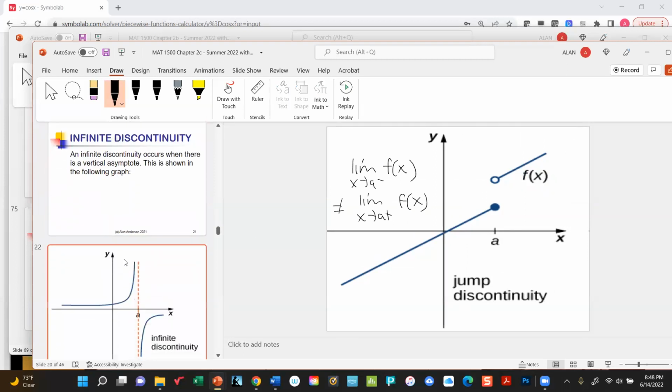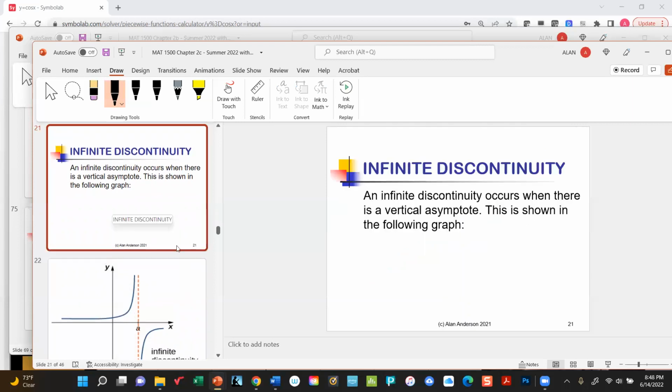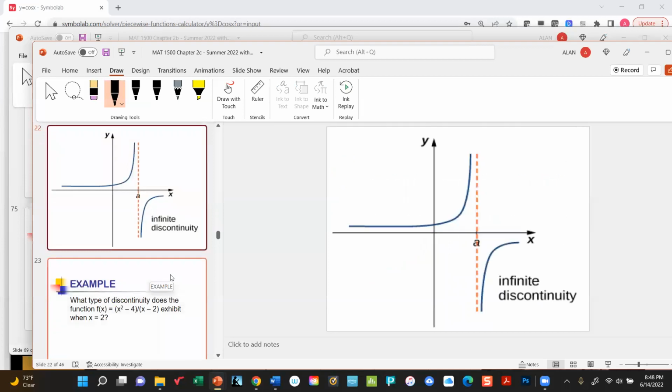And then the case where we have a vertical asymptote is called infinite discontinuity. And again, the problem here is that the limits can't be the same because one of them is negative infinity and one of them is positive. In this case, this one is infinity.